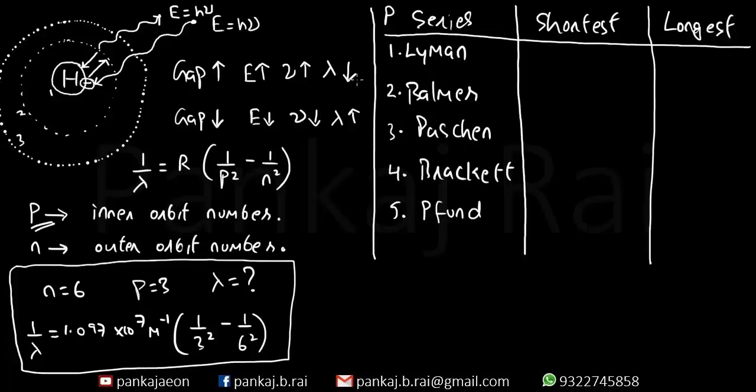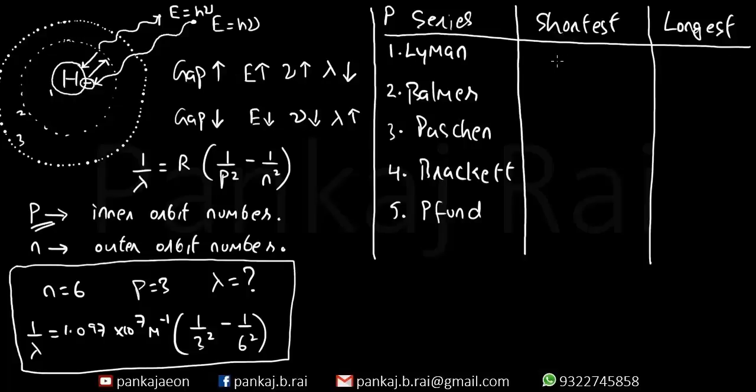If we want the wavelength to be shortest, then the gap should be maximum, and the maximum gap will occur when the transition is from, let's say, an infinite orbit to the first orbit.